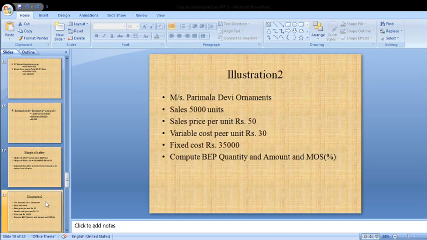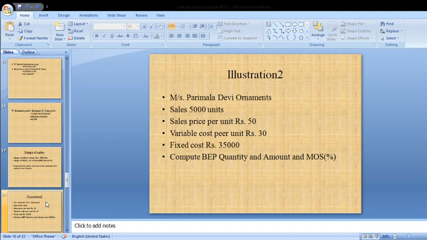Prabhadevi Ornaments have sales of 5,000 units. Variable cost is 30, sale price is 50, fixed cost is 35,000. Now compute break-even point in quantity and amount as well as margin of safety as a percentage.